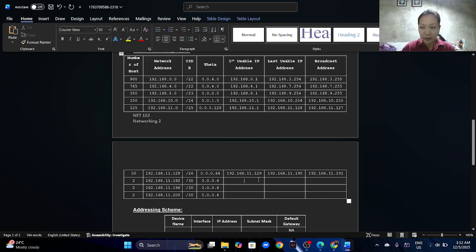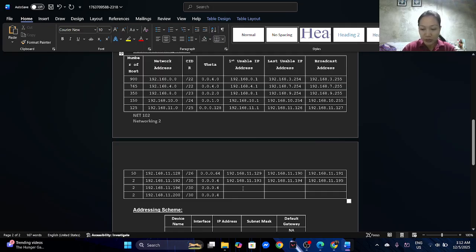For router 1, the first usable address is 192.168.11.193. And the last usable address is 192.168.11.194. Broadcast address is 192.168.11.195.